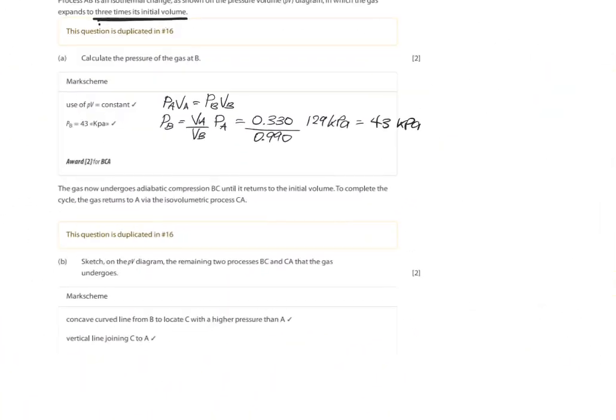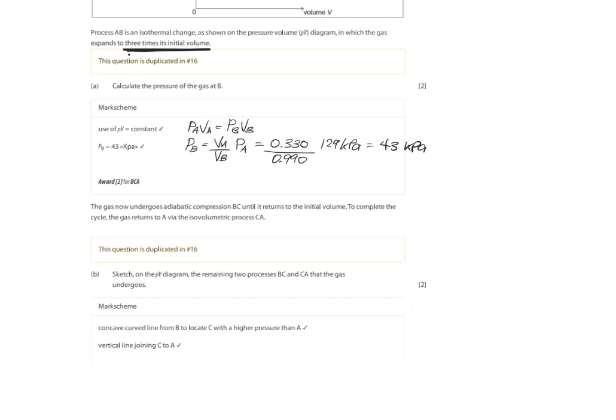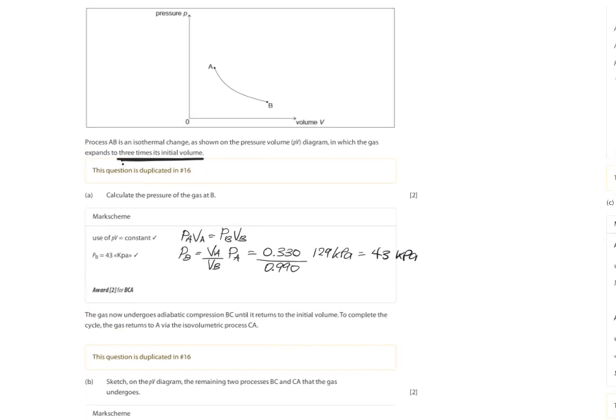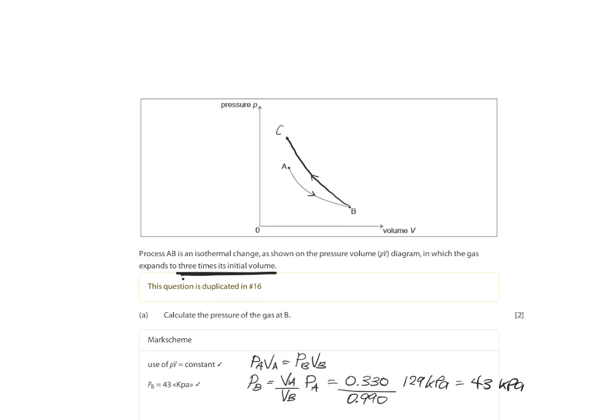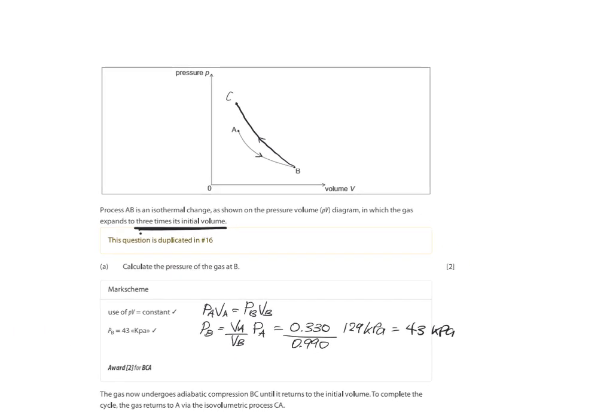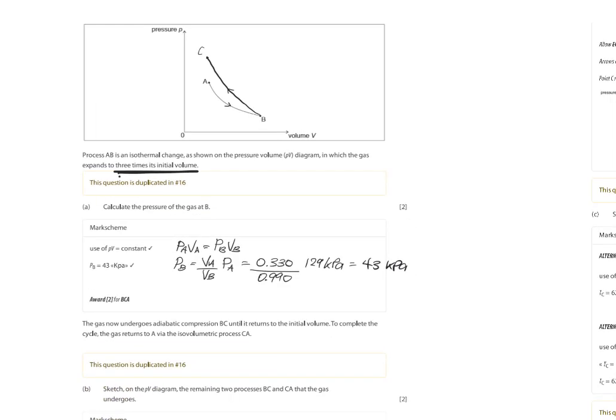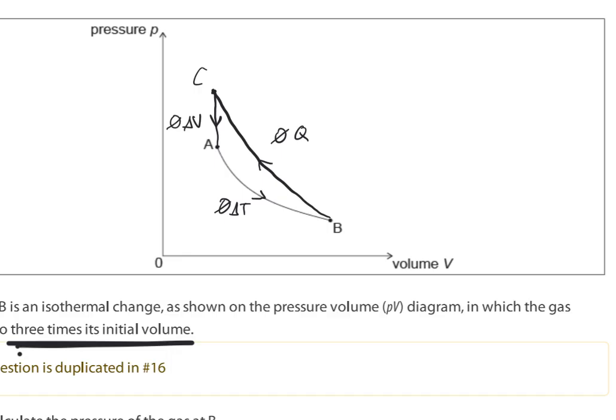Okay, then we have gas undergoes adiabatic compression BC until it returns to the initial volume. So there's the curve going from B to some point C, which is at the initial volume, the same volume that A was at. And then it says, to complete the cycle, the gas returns to A via the isovolumetric process, CA.